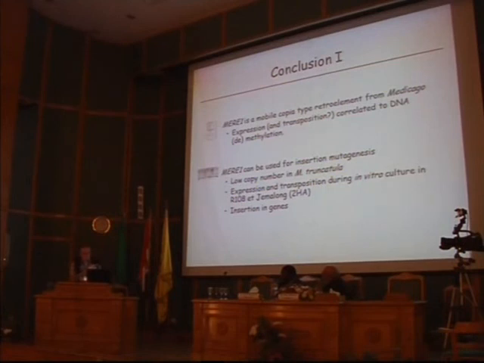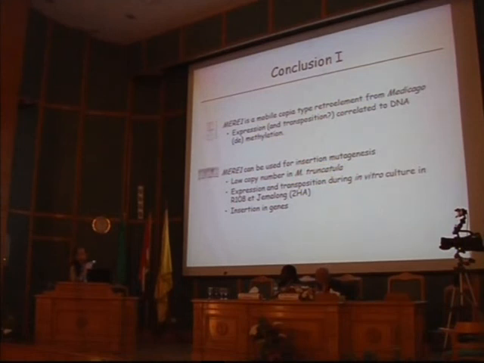So the conclusion, and that will be the take-home message for you about transgenesis and making transgenic plants, at least through this method of regeneration: this transposable element is a copia-type retro element from Medicago.